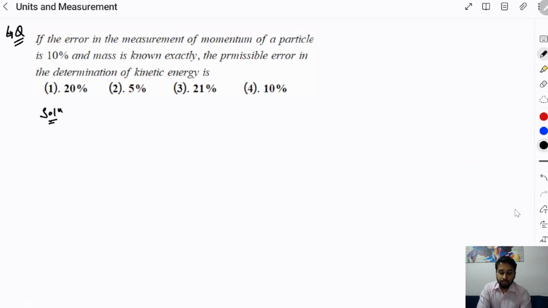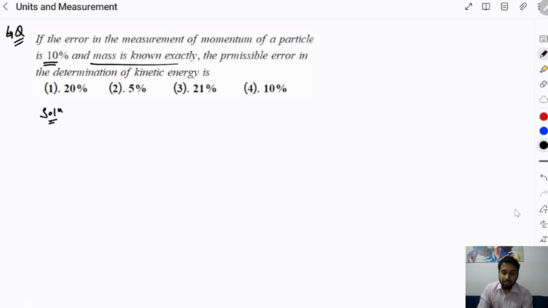Here they have given, if the error in the measurement of momentum of a particle is 10%. Okay, so the error in the measurement of momentum of particle is 10%, which is obviously greater than 5%, and mass is known exactly.